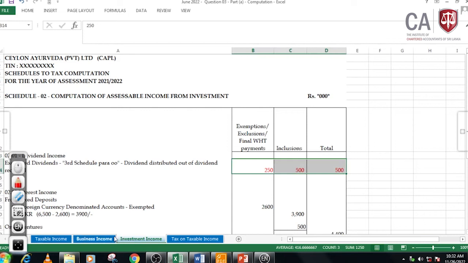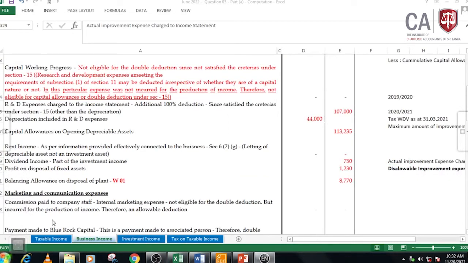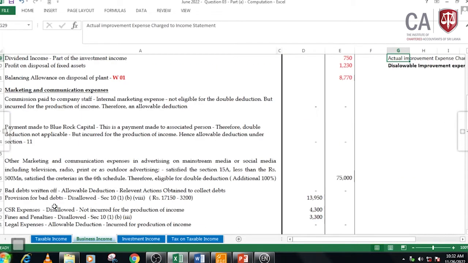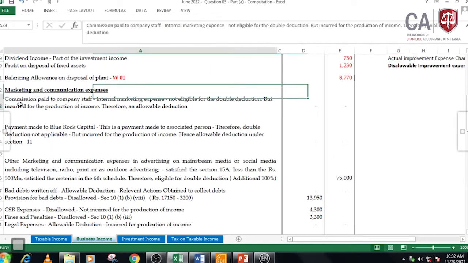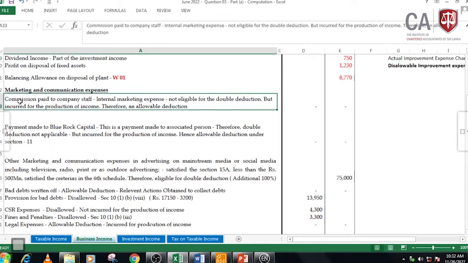Now come to this one, marketing and communication expenses. One by one I have extracted. Commission paid to company staff, it's an internal marketing expense not eligible for the double deduction, but incurred for the production of income, therefore an allowable deduction.